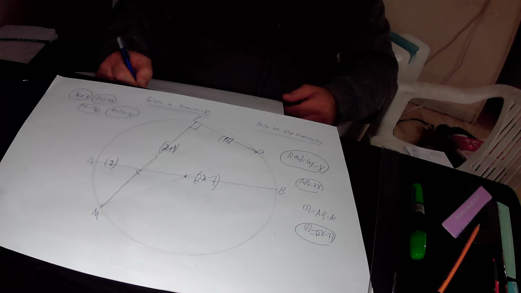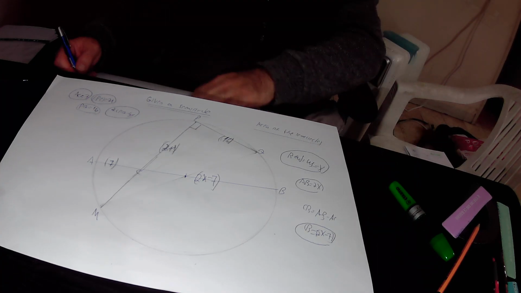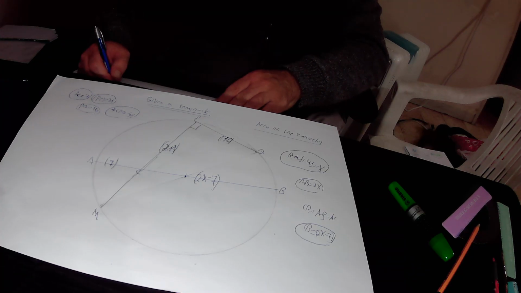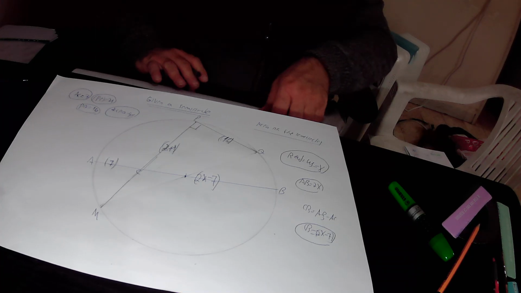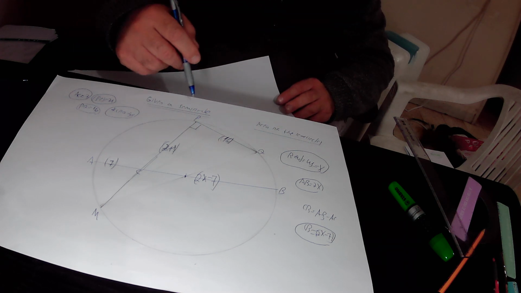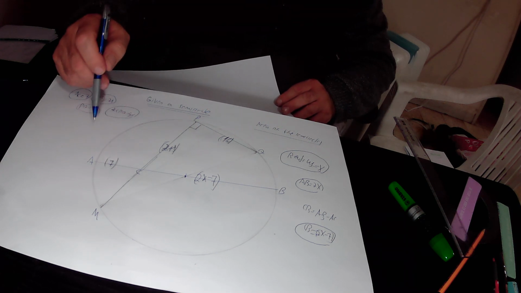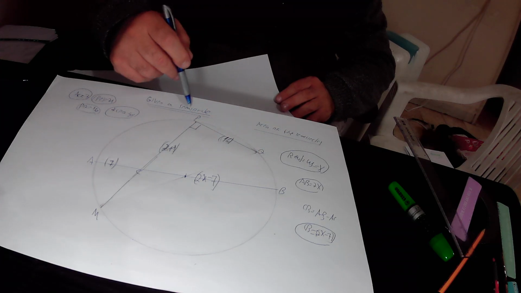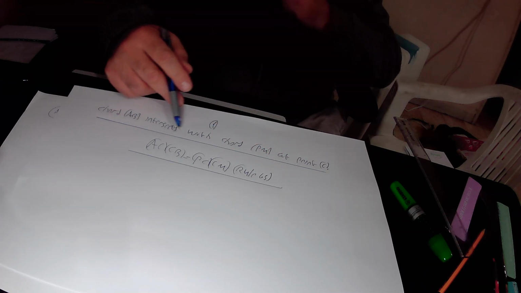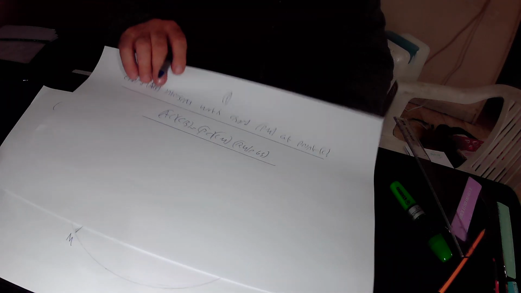Again, according to rule 65, because chord AB intersects with chord PM at point C, the following equation is true: AC times CB equals PC times CM.